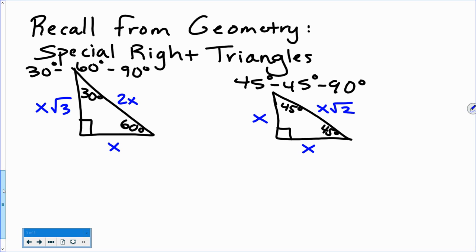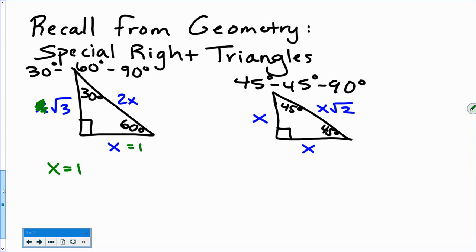All right, but what we're going to do with it, if we were creating a little triangle here, we will use x to be 1 in our triangle, so that will make this 1.